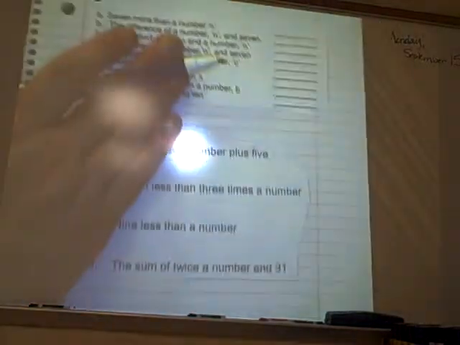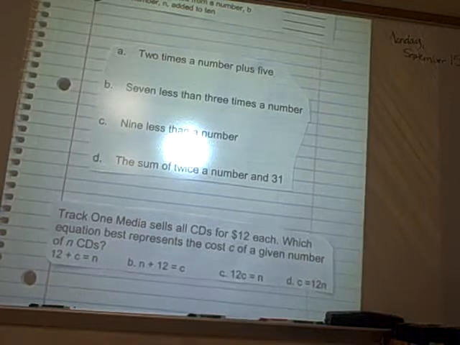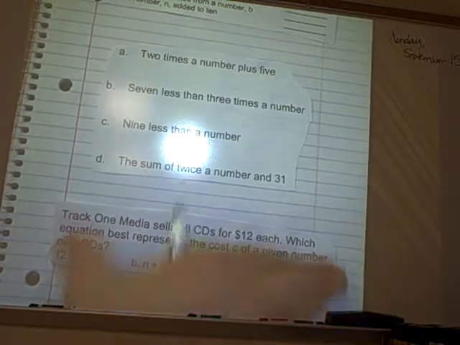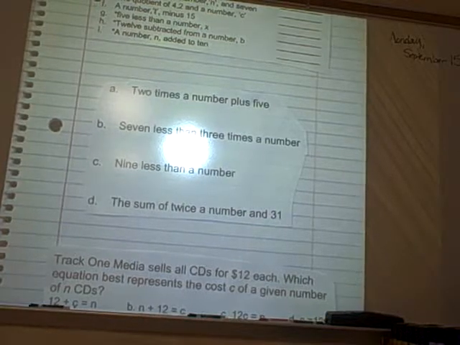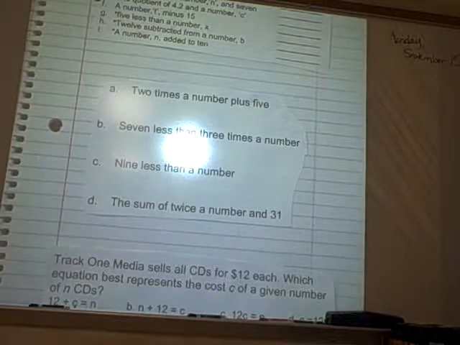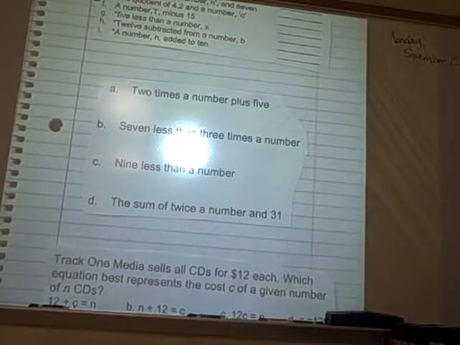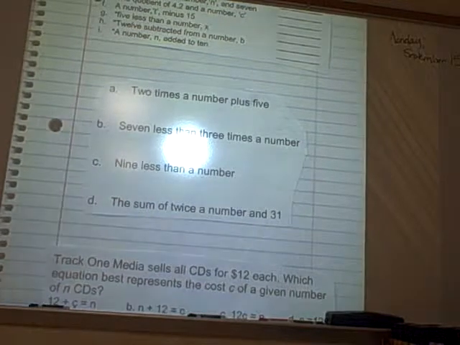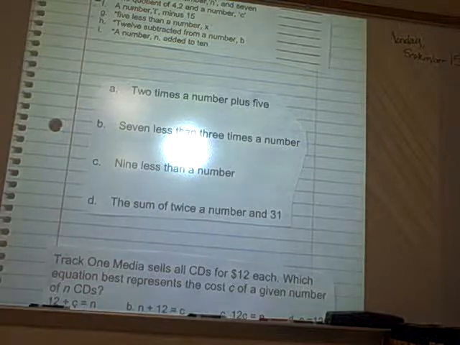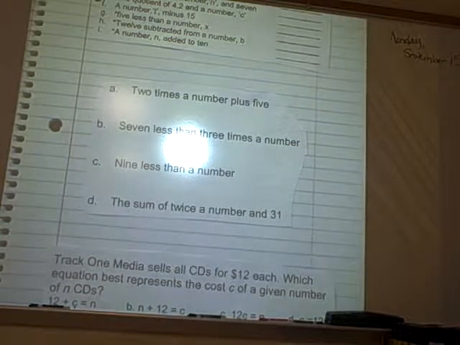So you're going to have the A through D on this page, and then the track 1 media word problem is going to go at the very bottom. That's going to fill up that page. You can get that all glued down and have that page set up, and then you don't have to worry about it.